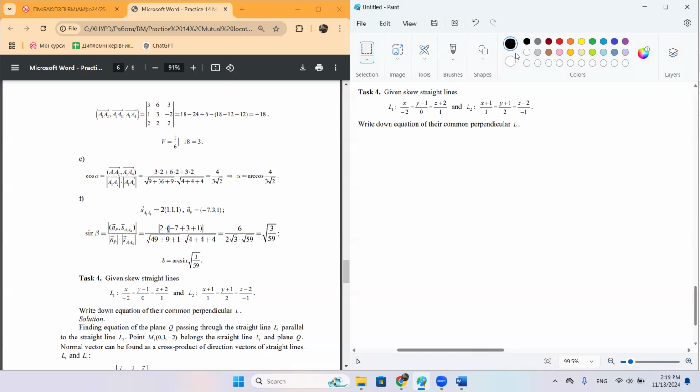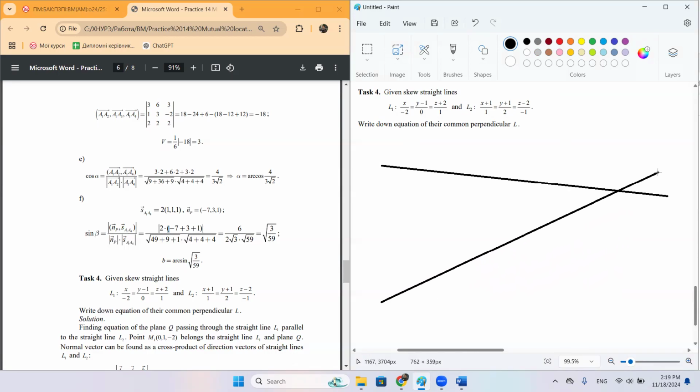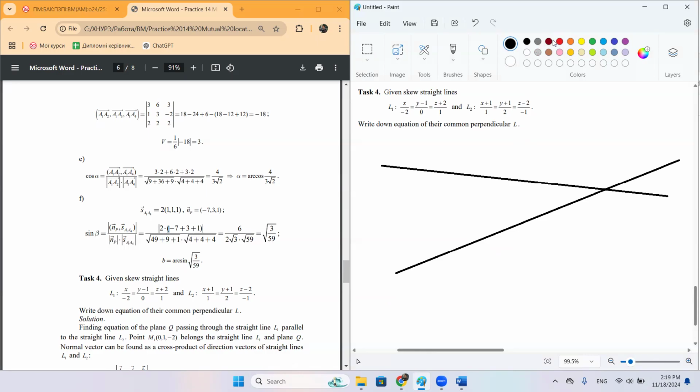To better understand how to solve this, we need to draw. So let's draw such skew straight lines. Let's imagine that their common perpendicular must be here.